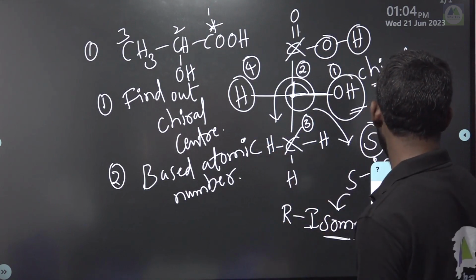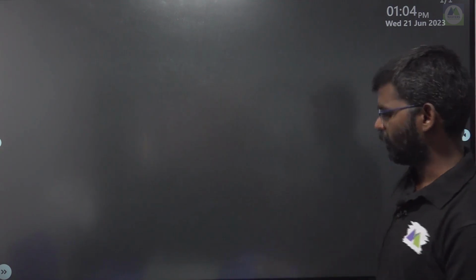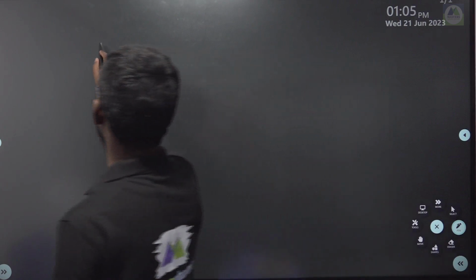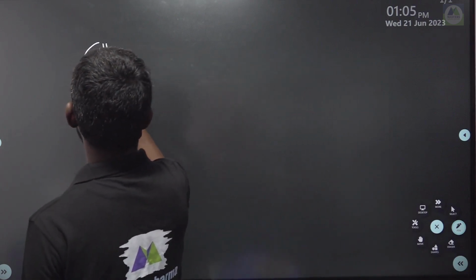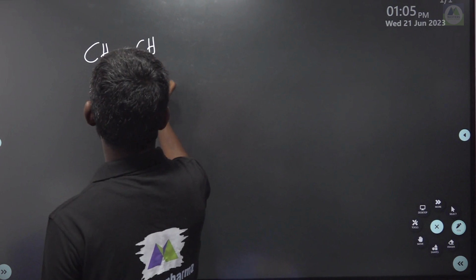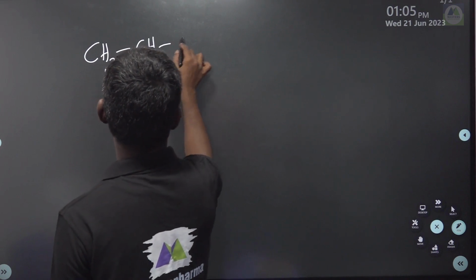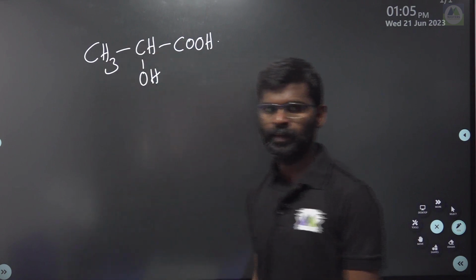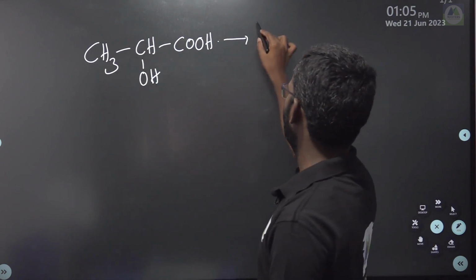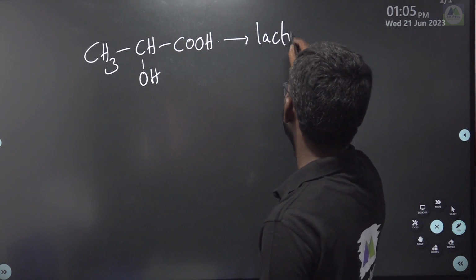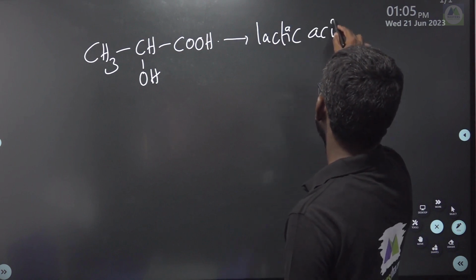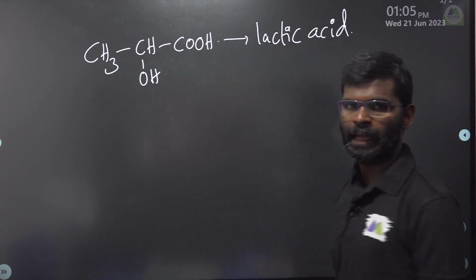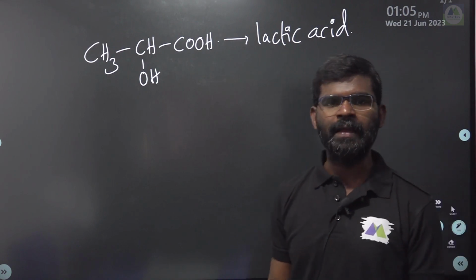Then coming to another type of representation, same structure, another type of representation. We can check all these things. For example, same structure. I am going to write the same structure here. CH3 here, CH here, OH here, COOH. By the way, this is lactic acid. So there is the flying birds representation.